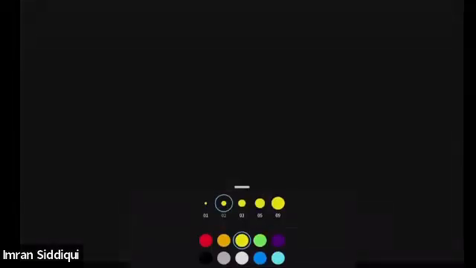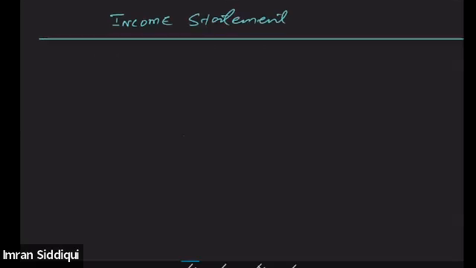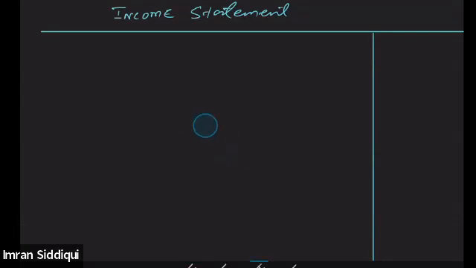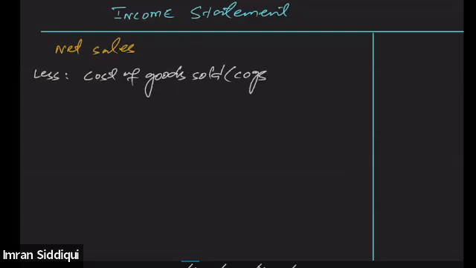Okay. So the next heading is income statement. The first thing in the income statement is we start with net sales. If out of net sales we subtract the cost of goods sold, also called COGS, do you remember what we get after subtracting COGS from net sales?